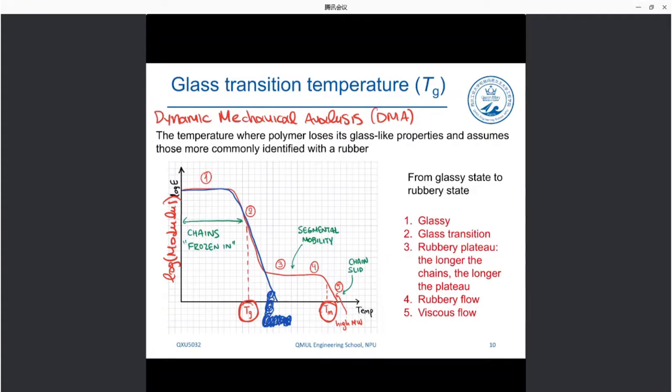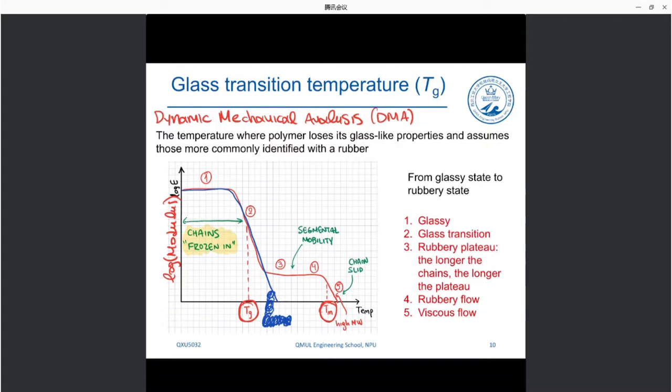So, if we take a semi-crystalline polymer, we start from low temperatures. Let's say we start from minus 150, and we start heating it up all the way to 200 degrees Celsius. Here, at low temperatures, we have the chains that are frozen, okay? We already talked about that.